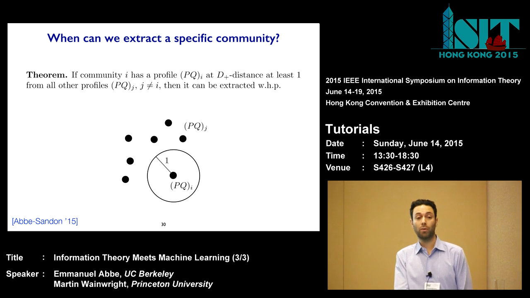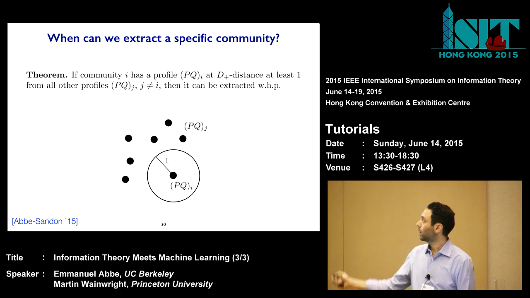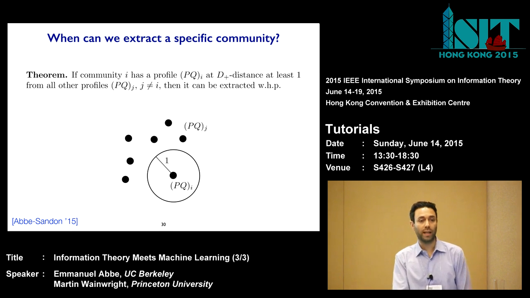Even if you don't know the number of communities, if all you assume is that the communities are of linear size, so the relative sizes, those pi's, are bounded, then you can learn the number of communities and you can redo the results that I'm describing without knowing the parameters. So you can learn the block model on the fly.